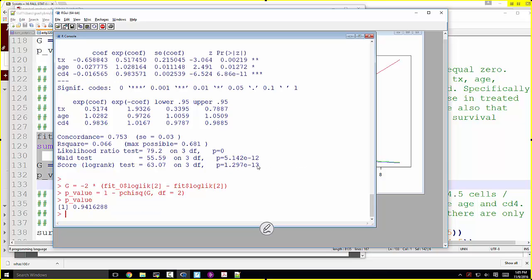That p-value that we computed originally for taking all the variables out, comparing to the very null model with no covariates in it, would actually be reported in the Cox PH output, but this one would not.